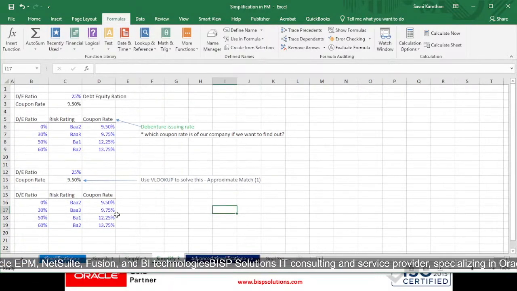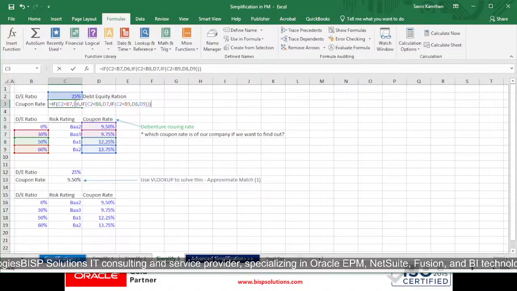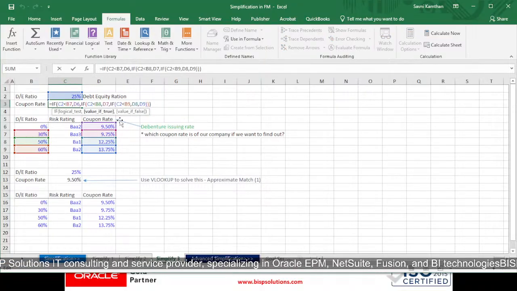The third rule is if I want to calculate my debt to equity ratio and my coupon rate. For that I will be using the if function, but not only the if function, I will be using a nested if. Nested if is when we use the if function and inside that also use the if function multiple times.